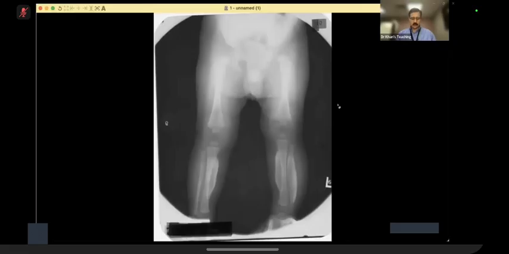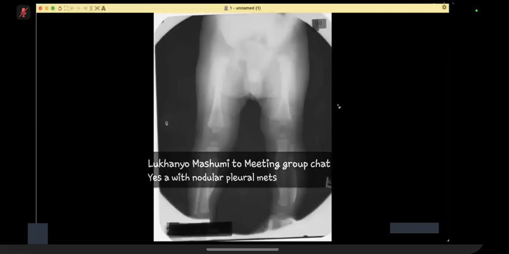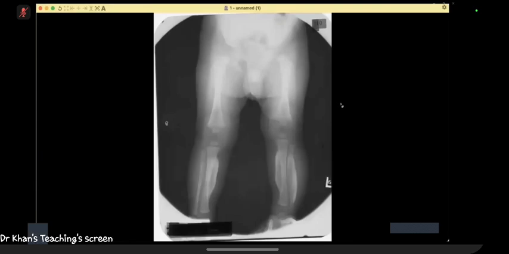Over to you. I'm presented with a frontal radiograph of a child. I cannot see the femoral heads, so I'm assuming that the child is less than 6 months of age.